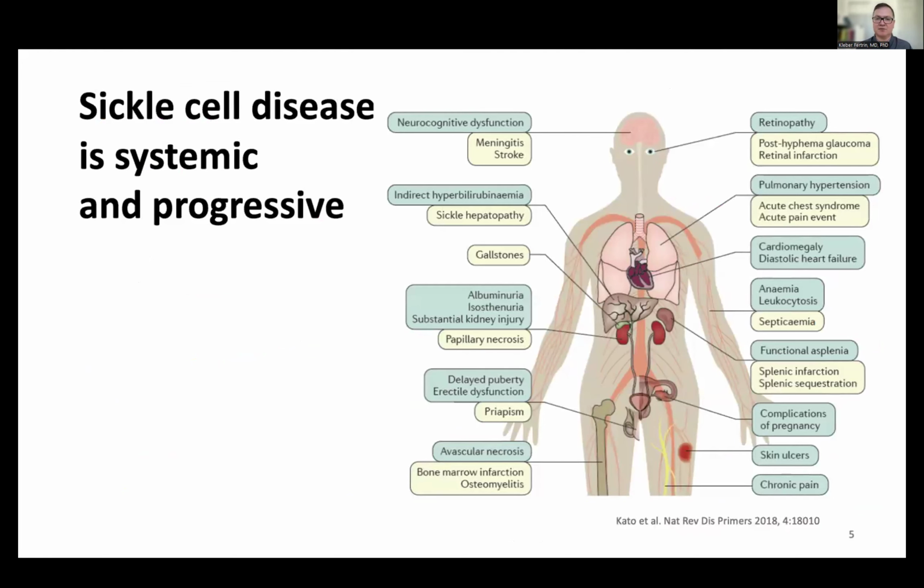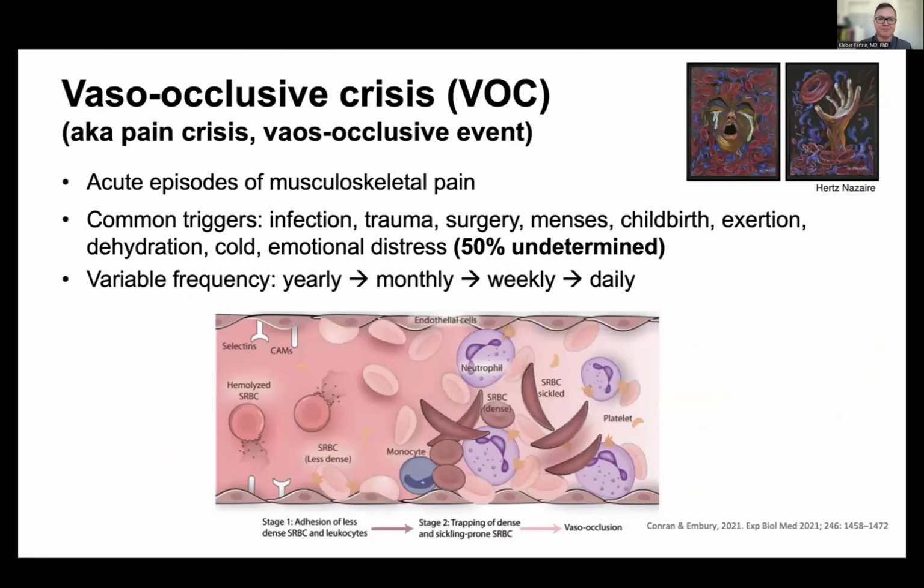We don't have time to go over all the complications that patients can face with sickle cell disease, but it's just to show that since it's in the blood and it's occluding the smallest vessels in our body, virtually any organ can be affected by sickle cell disease, which is why we want to develop better treatment. The vaso-occlusive crisis, also known as pain crisis or vaso-occlusive event, is the most important manifestation of sickle cell disease, if I can say.